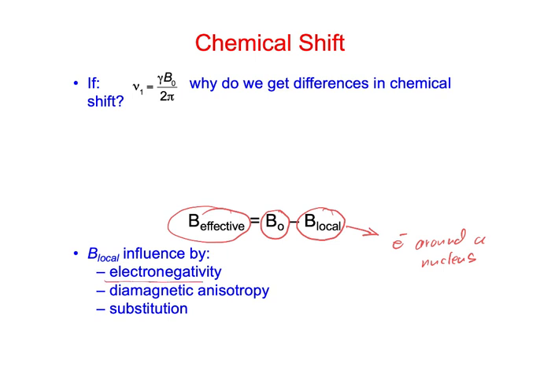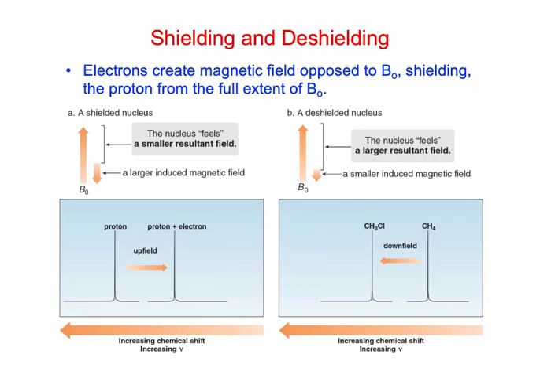Okay? So this B local can be influenced by a number of things. The one that we were talking about first was electronegativity. Here, this is just another slide of what I was just saying that I brought in from my other class. If we have some B0 and a large amount of electron density around a proton, then it's going to create a large opposing magnetic field from the electrons, and it essentially subtracts from this.